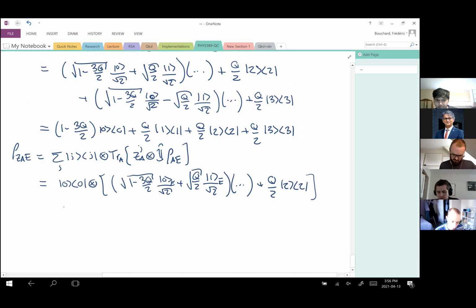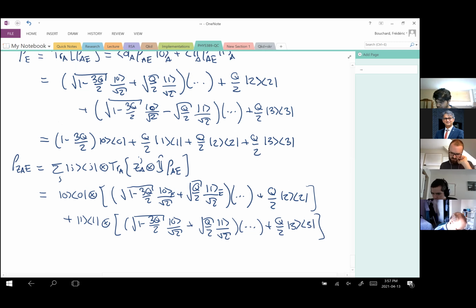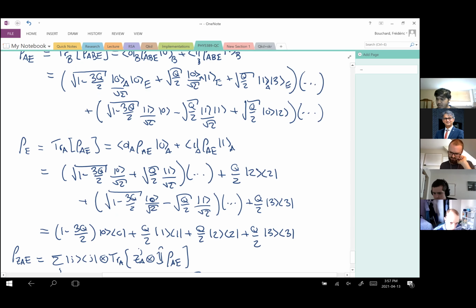So that's the first term, and then we have the same thing for the 1, 1. When we project over 1, 1 in rho AE, we only have the 3, 3 term left in the first term.